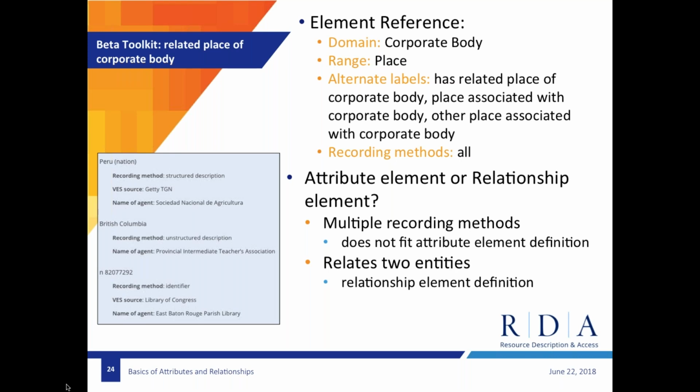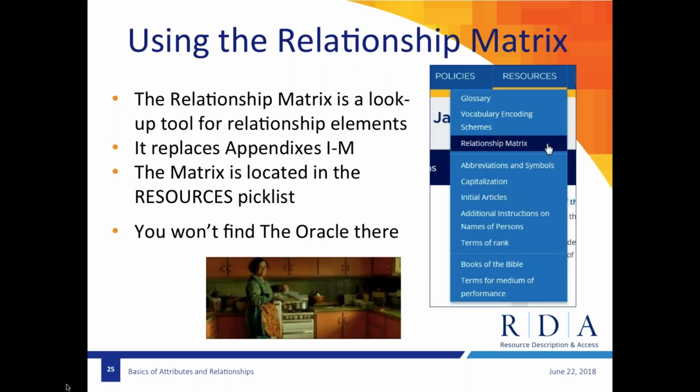So we've got some examples showing a couple of different recording methods, again, structured, unstructured, and identifier. So I have multiple recording methods available to me. So that means, no, this really can't be an attribute. And it relates to entities, which is a surefire way to say this is a relationship element.